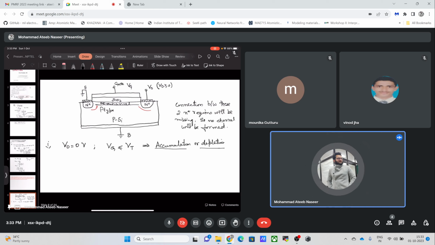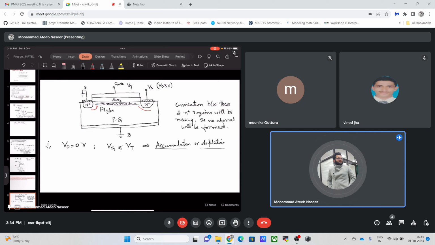Now if we, for example, increase this VG such that it is greater than the threshold voltage, we will be having inversion layer formation. We will be having this electronic charge build up in this region, which will result in the formation of the inversion layer.